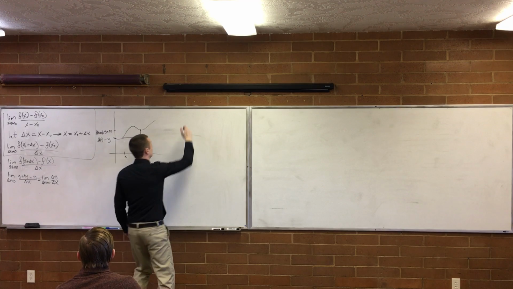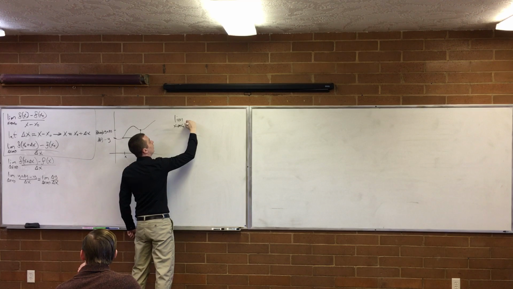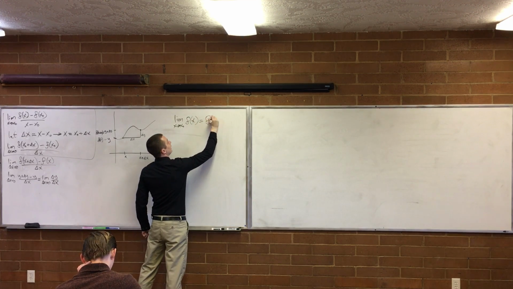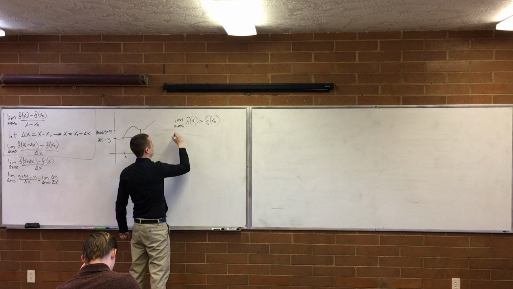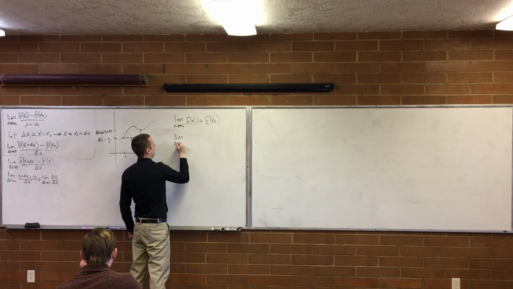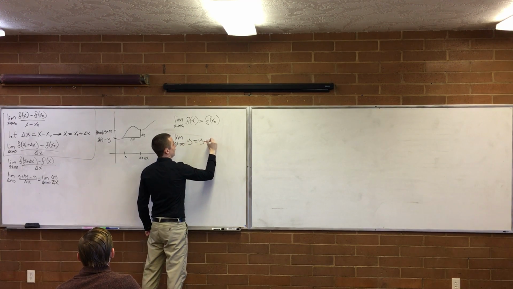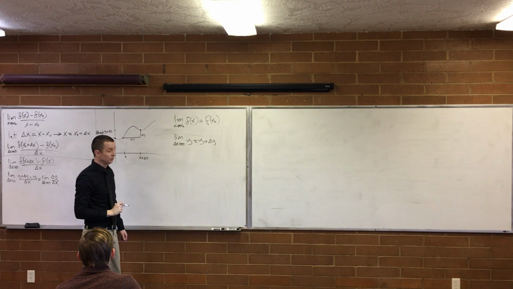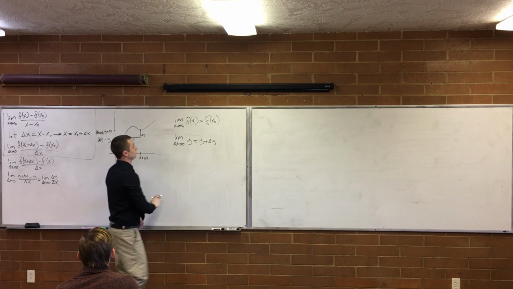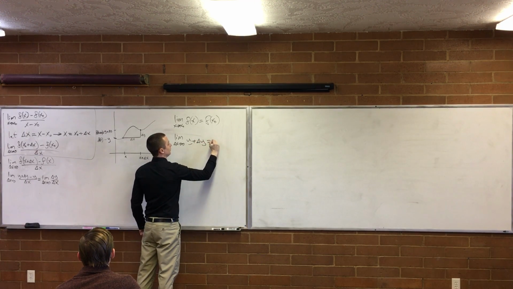Remember, one of our definitions for continuous is if the limit as x approaches x naught of f of x equals f of x naught, then it's continuous. What does this mean, rewriting it in different terms? The limit as delta x goes to 0 of y plus delta y is equal to y.